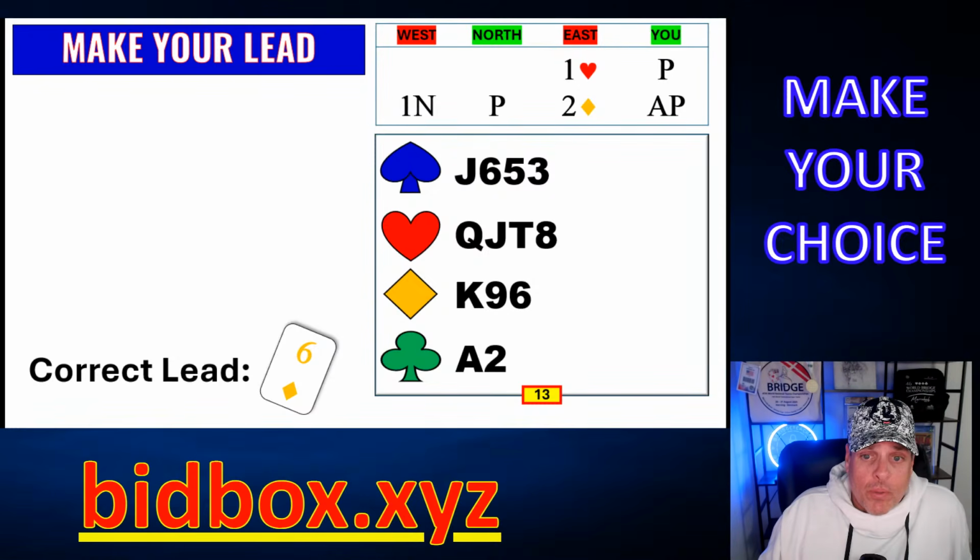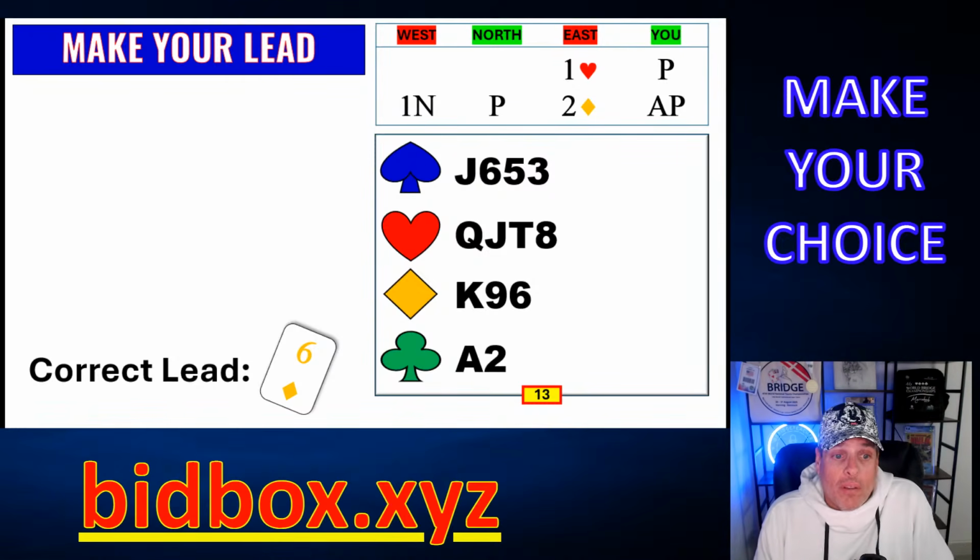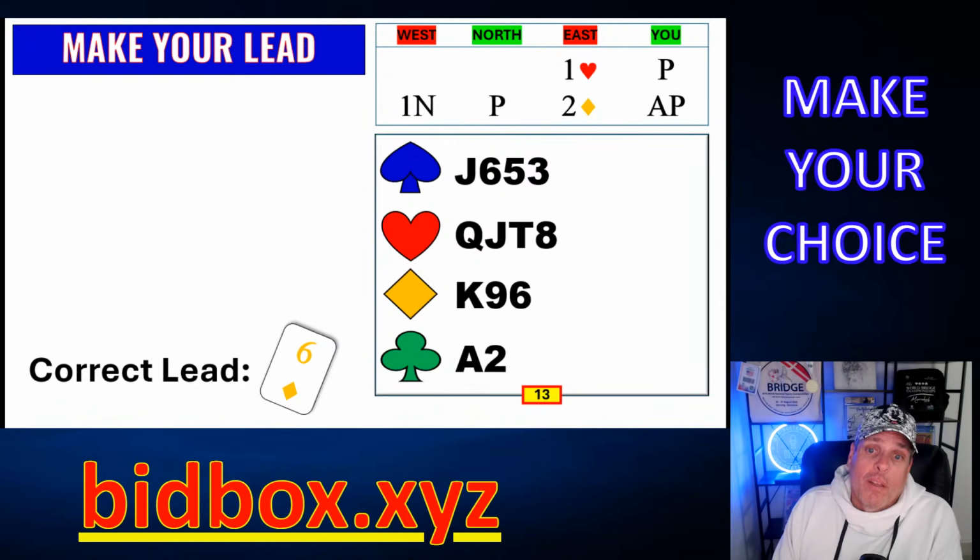These are times where we want to think about what each of the declarer and dummy we're looking at when we saw this auction. So it went 1 heart, 1 no trump, pass, 2 diamonds. And on the other one, we saw 1 heart, pass, 1 no trump, pass, 2 clubs. What East showed was 5 cards in the heart suit and 4 cards in that minor suit.